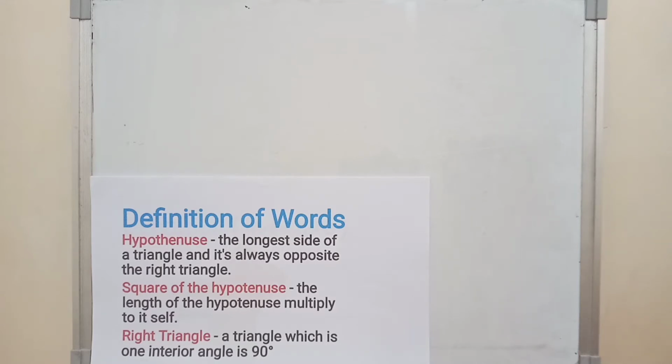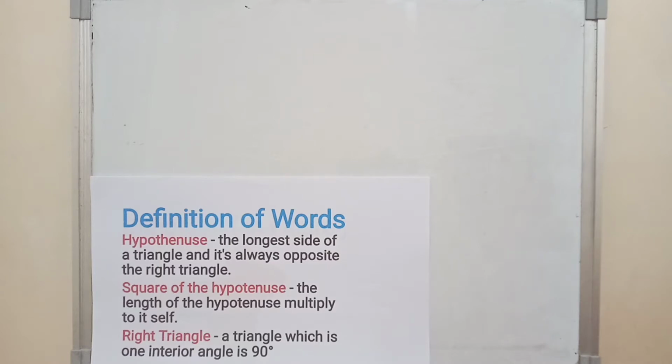Square of the hypotenuse, the length of the hypotenuse multiplied to itself. So, yung sukat ng hypotenuse kapag imultiply natin sa kanyang sarili, yun yung square of the hypotenuse. Yun yung makukuha nating area ng square.